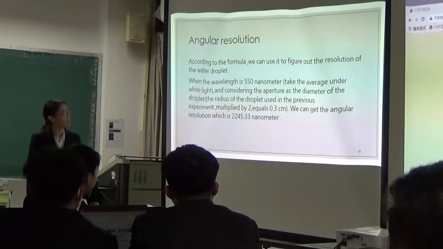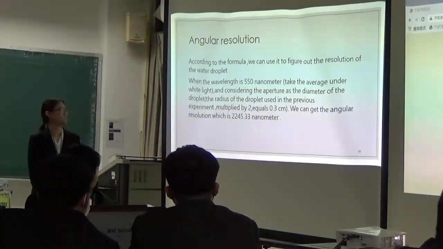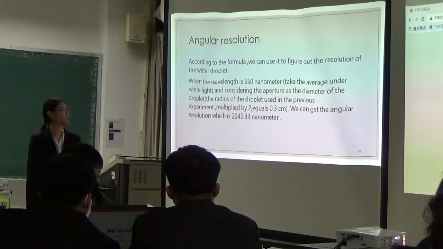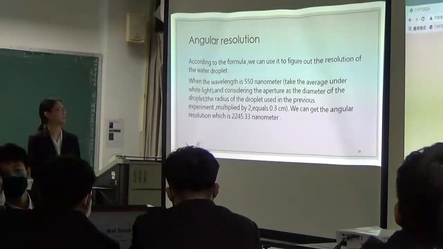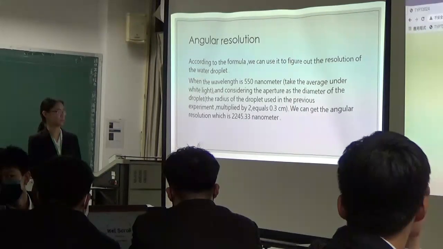We can get the angular resolution, which is 2,245.33 nanometers.